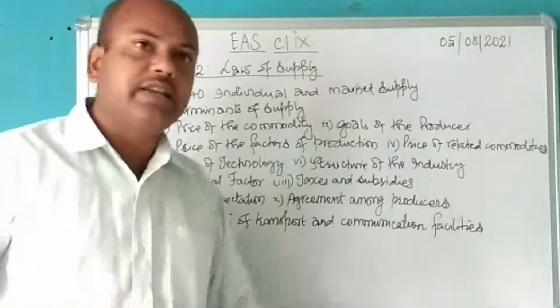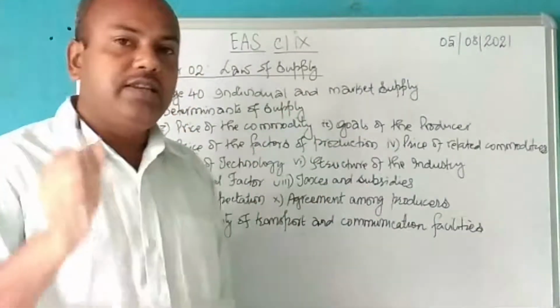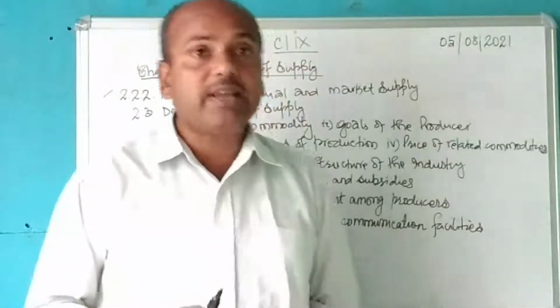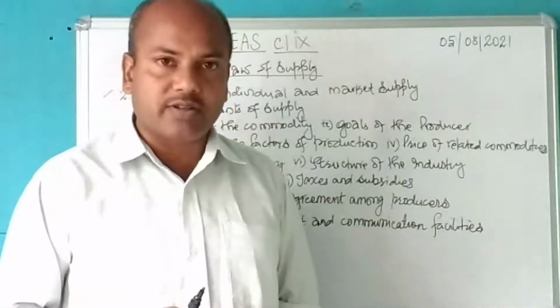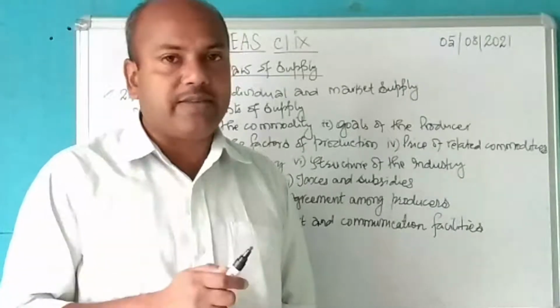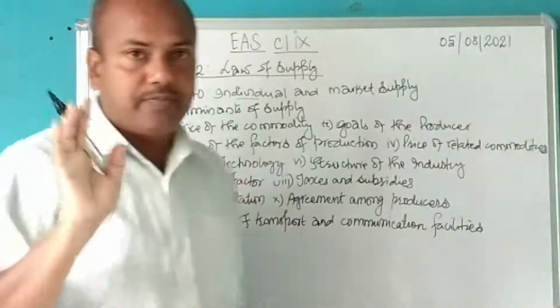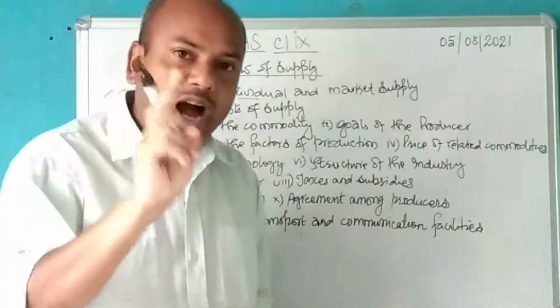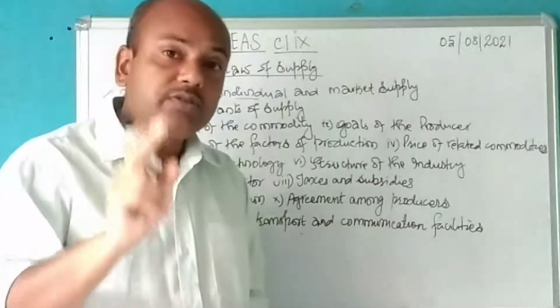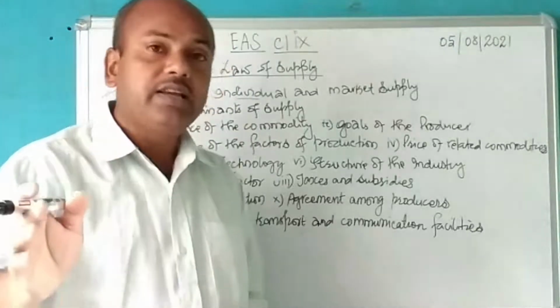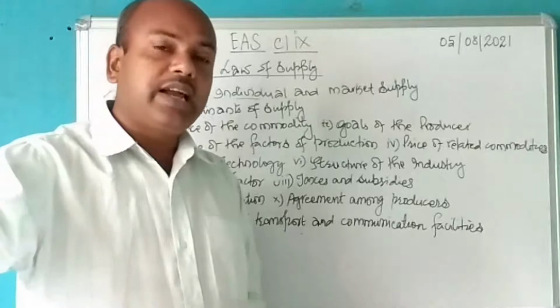So what is individual supply? You have already read about individual demand. Demand is created by consumers. Supply is created by suppliers or the producers. Individual supply refers to that quantity of a commodity which one producer is ready to produce and offer for sale at a given price and time.